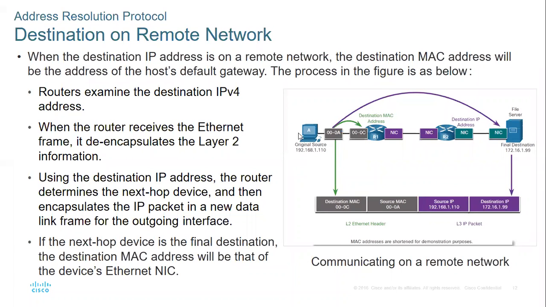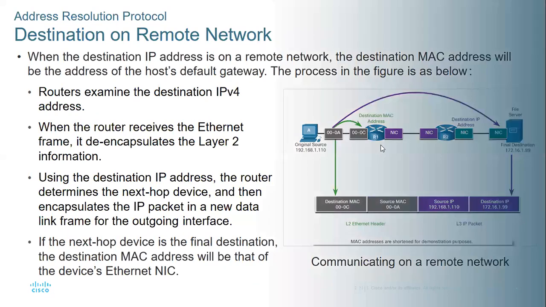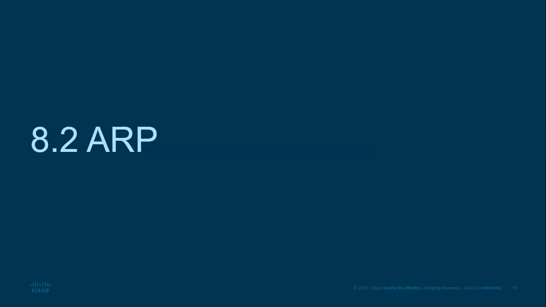The source IP remains the same, and the destination IP remains the same. So what you need to take note of is that when we are moving data to a remote location, the destination MAC address will be the MAC address of the router. This is the device we use to go to another network.